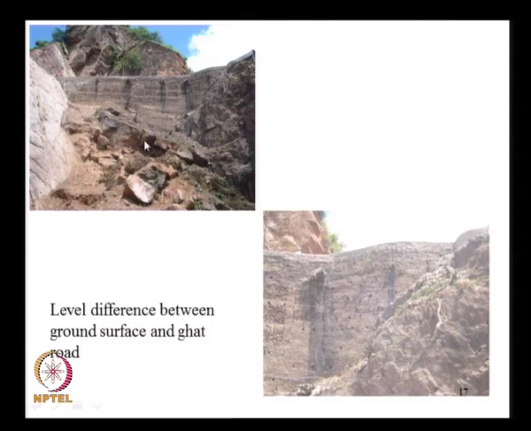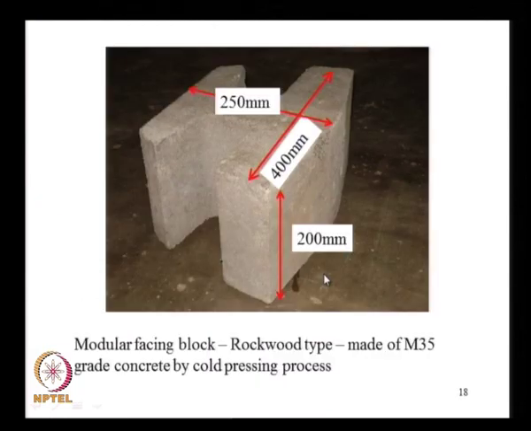This is the general condition at the site, and here you can see the large height difference. Our base, the ground level, is somewhere in here, and the top of the hill is about here. At this level the parking space is going to be provided.